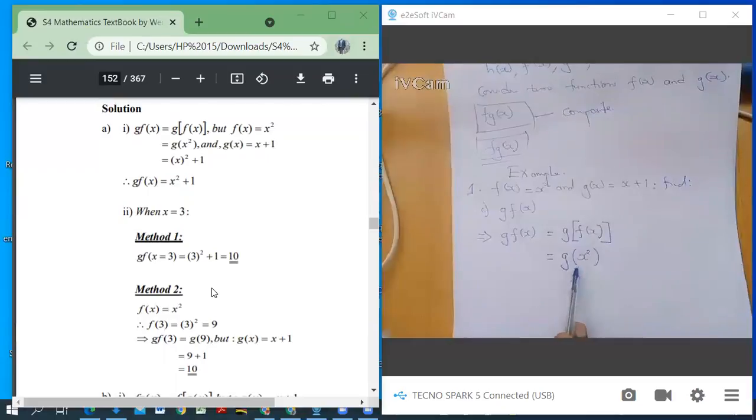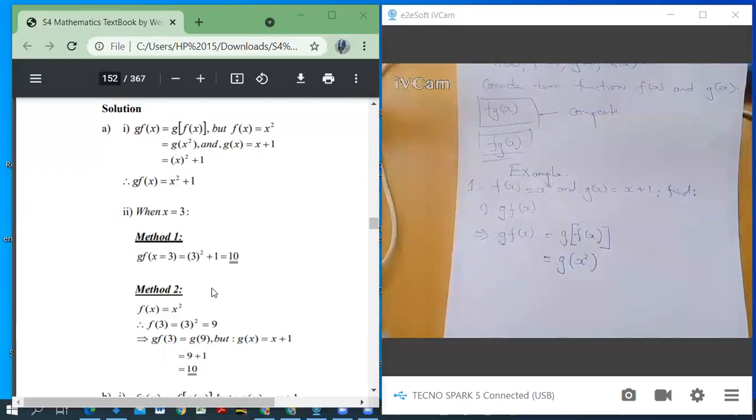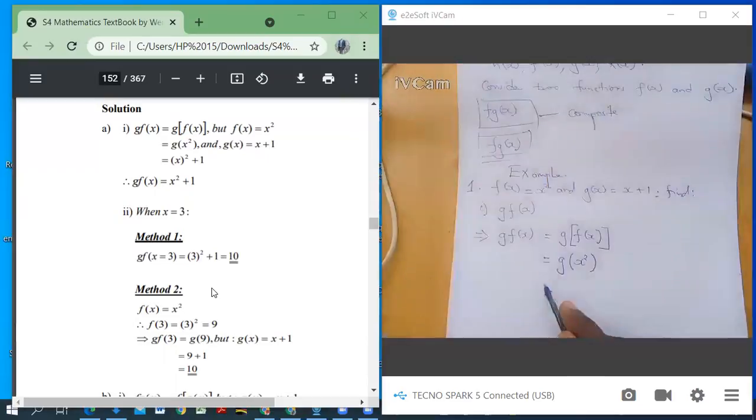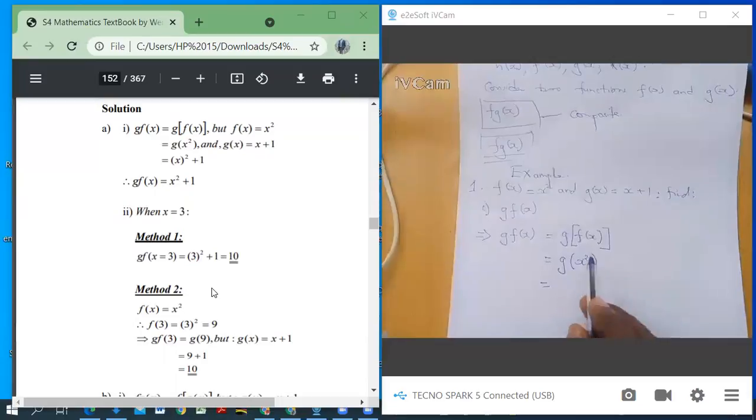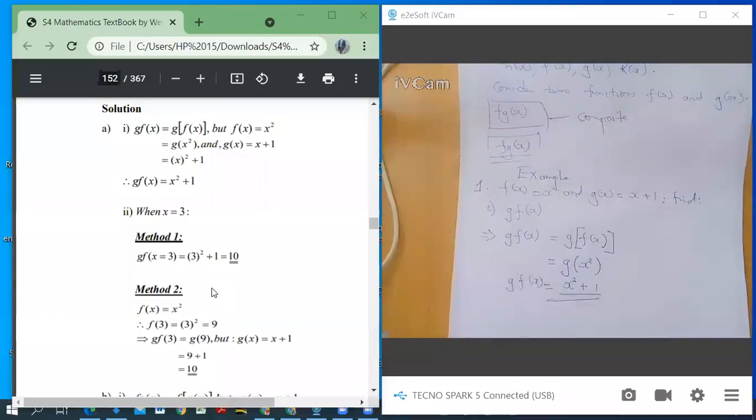So where there's x, you replace it with x squared in g of x. When you substitute that, it will become x squared plus 1. Are you seeing that? So the composite function g f of x becomes x squared plus 1. As simple as that.